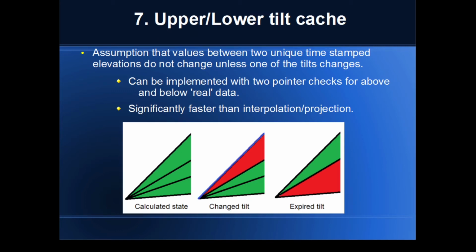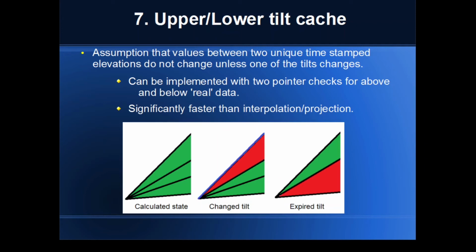The upper lower tilt cache allows us to skip recalculation of values where one of the surrounding radar tilts is not changed. Basically, we can do 2 cheap pointer checks for data above and below and only change output when that tilt changes or expires. So imagine a state on the left that has been fully calculated. You can see 1, 2, 3, 4 tilts.